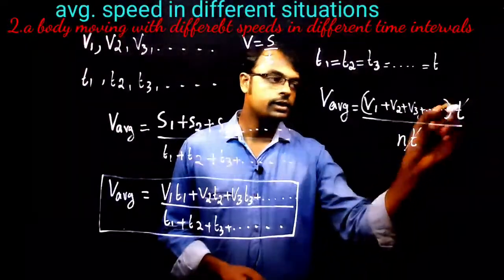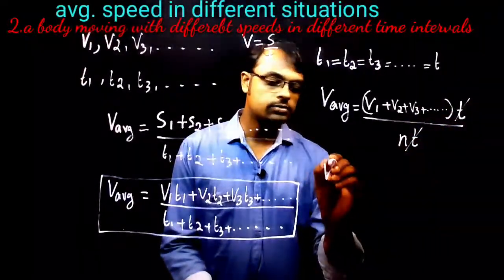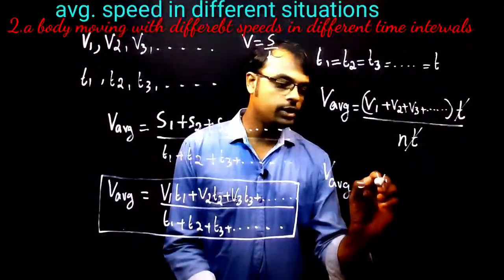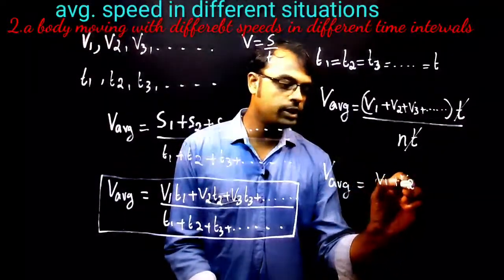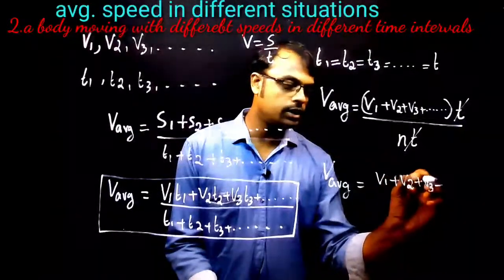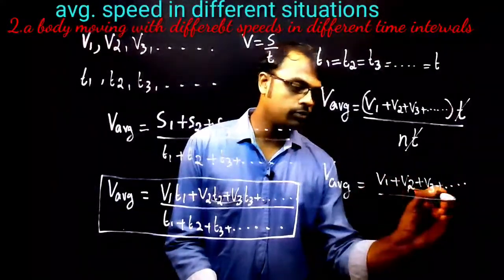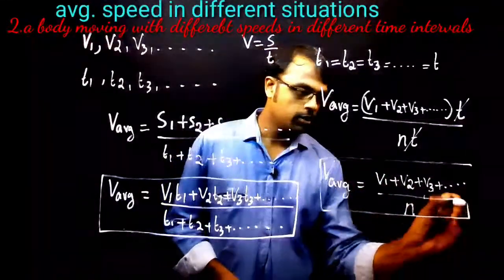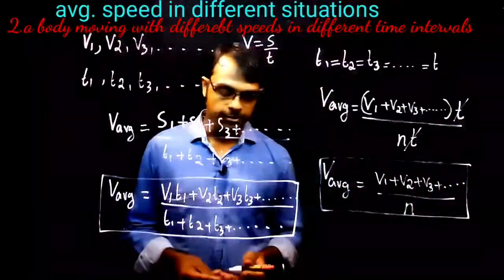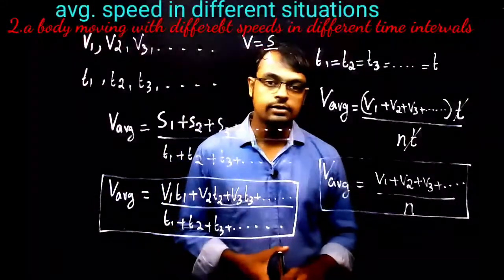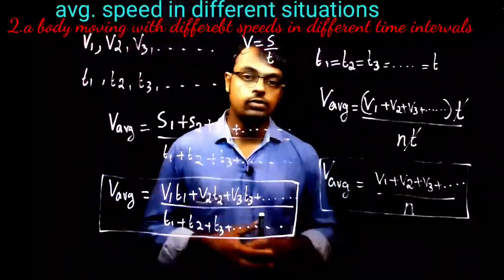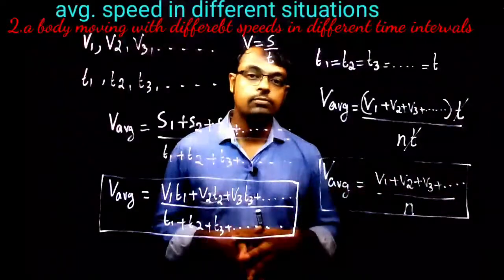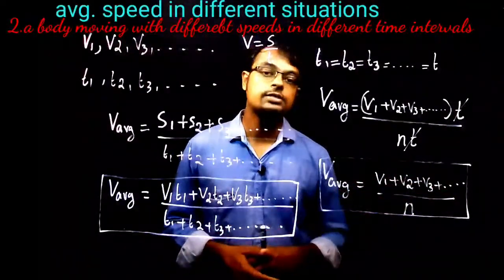So T cancels. V average can be written as V1 plus V2 plus V3 plus etc. divided by N. So this is a special case. What is the meaning here? If a body is traveling with different speeds in equal intervals of time, this is the arithmetic mean of the individual speeds.